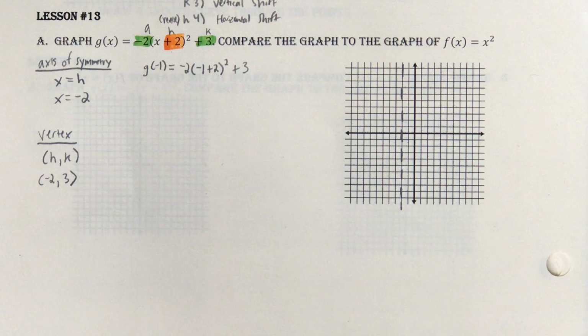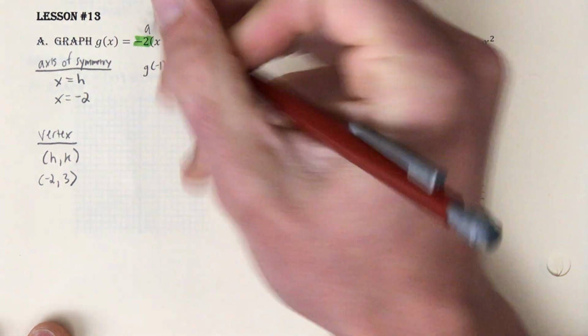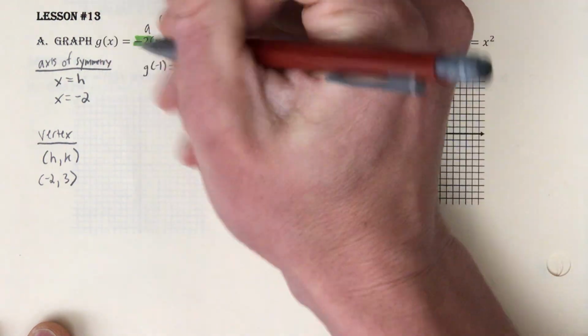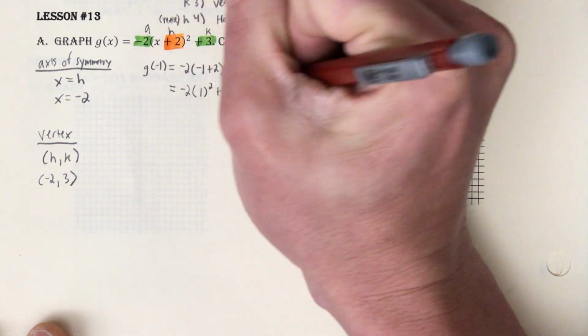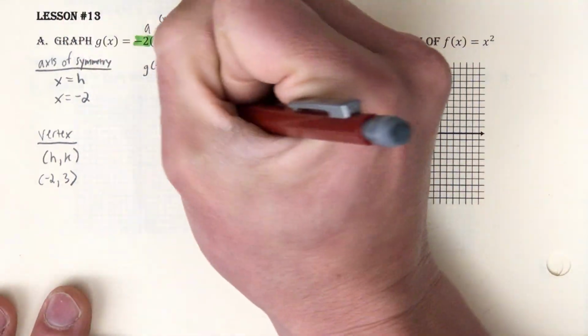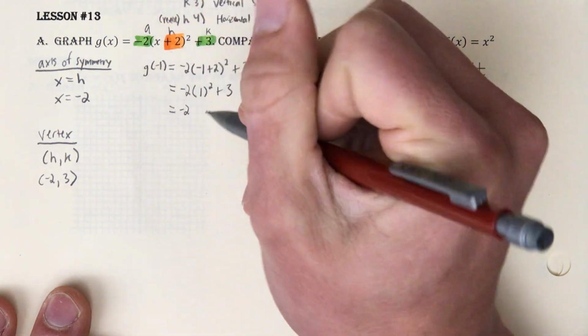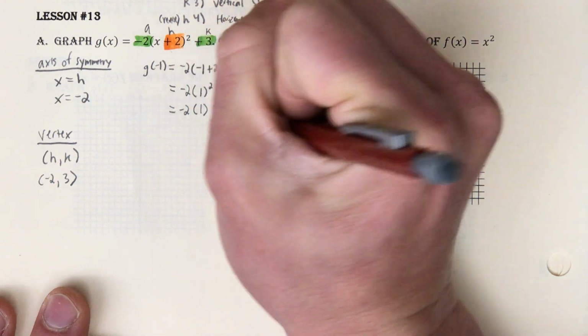Then I have to follow the PEMDAS order. PEMDAS says parentheses first, so I need to simplify inside my parentheses. So I've got -2 times (-1 plus 2 is 1) squared plus 3. Then I need to move on to my E, which is exponent, so I do my exponent: -2 times 1 squared is 1, and then plus 3.